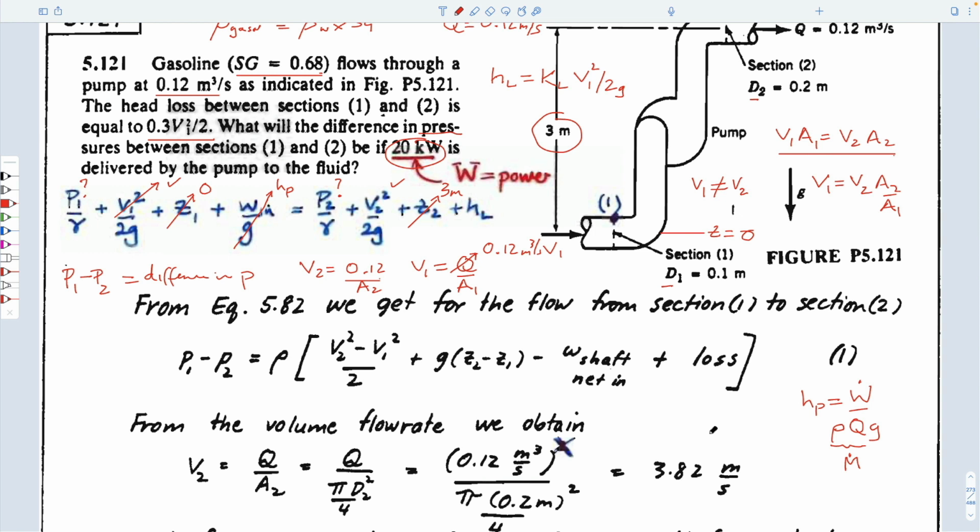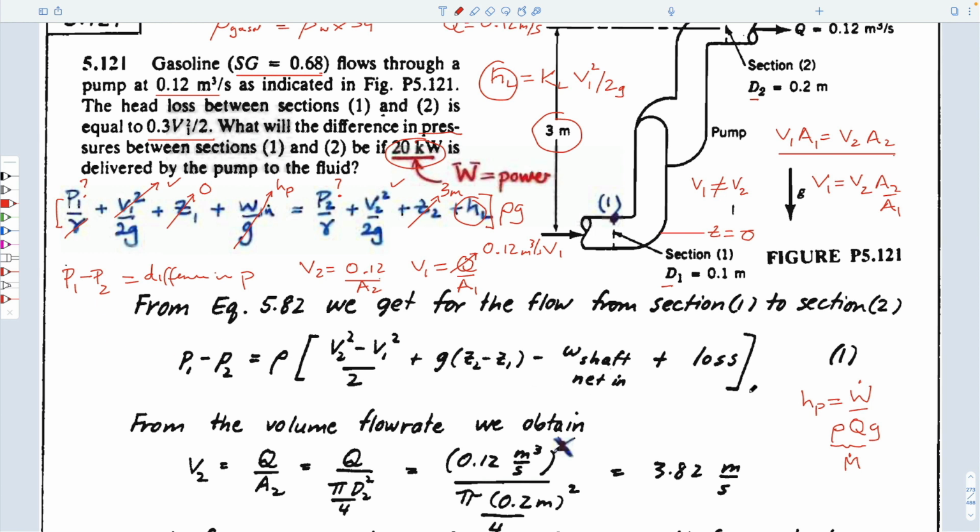So what have we done here? Now what we do is we take this equation, even though I'm running out of space. We know that HL is equal to this. And we multiply both sides by rho G. If we multiply by rho G, we get rid of this.